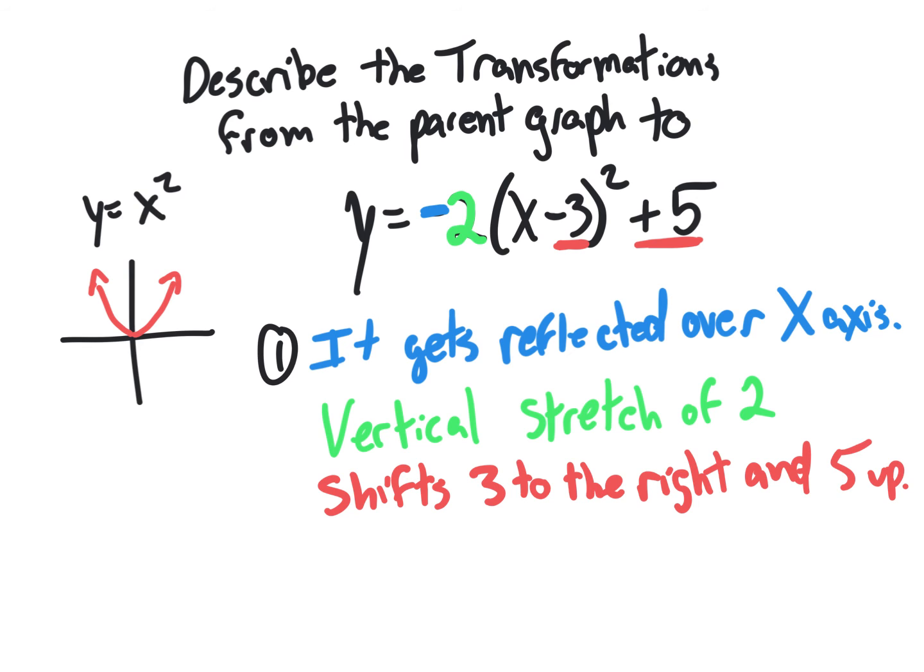So you got three changes, technically 4 if you count that last one as 2. 3 transformations from the original parent graph to this new one. So that's how I know that it's opening down, it's a little bit narrower, and the vertex is at positive 3, positive 5, right? Anyway, you're going to have to be able to describe those transformations from the original parent graph to the equation that's stated there.